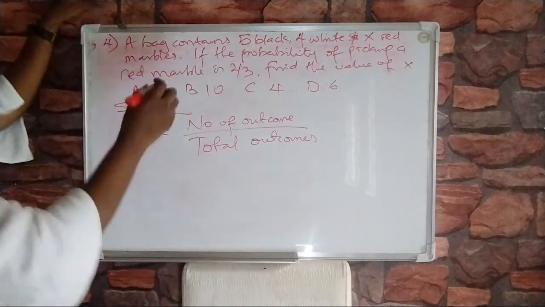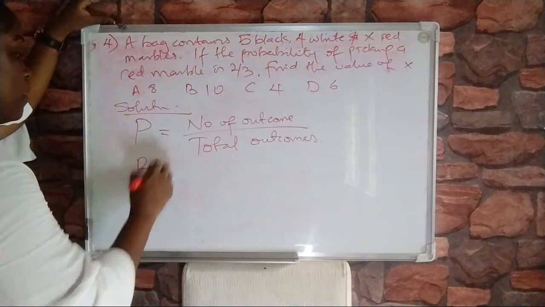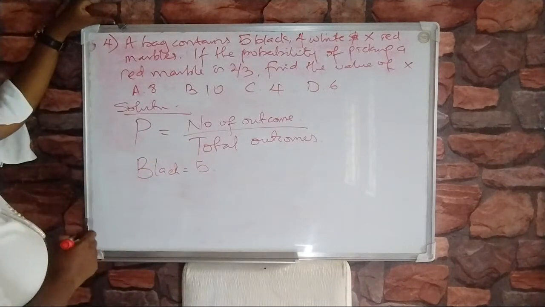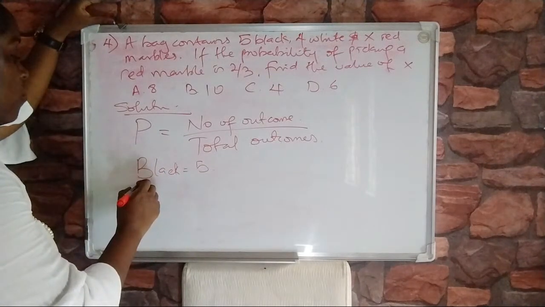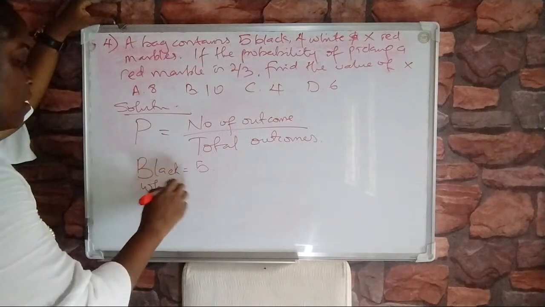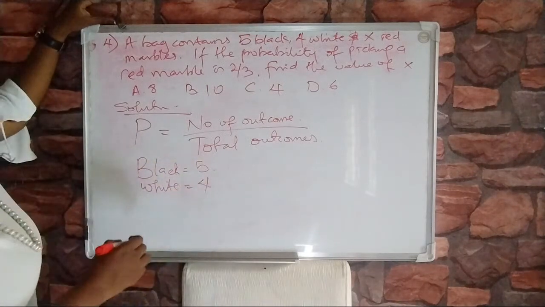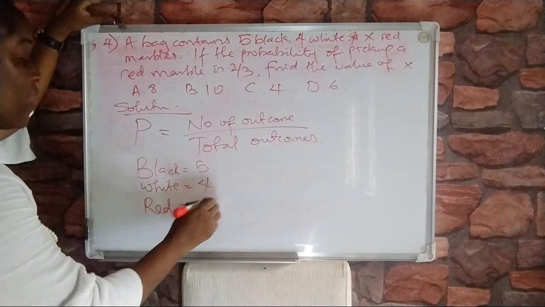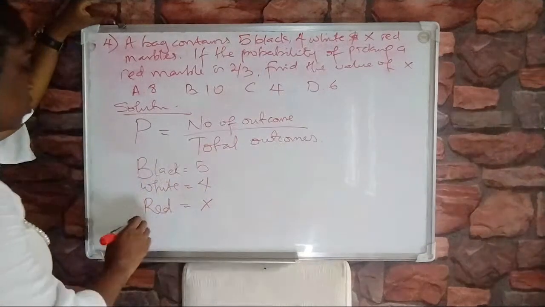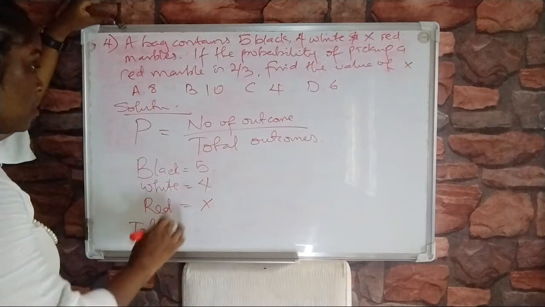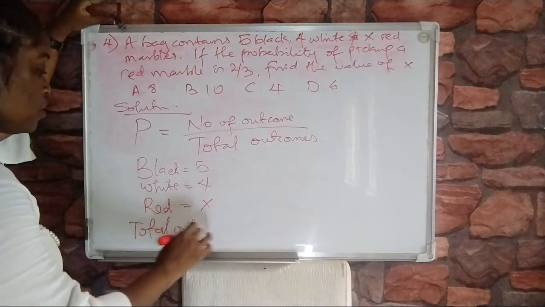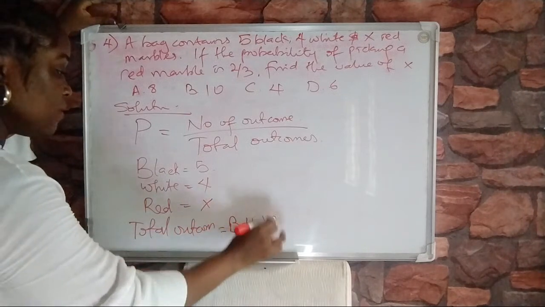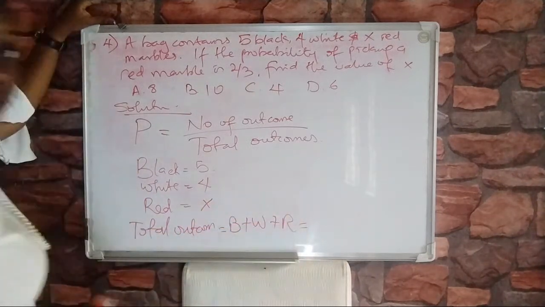For instance, for black, we will have 5 outcomes. For white, we will have 4 outcomes. And for red, we will have X outcomes. So we know that the total outcomes will be black plus white plus red outcomes.